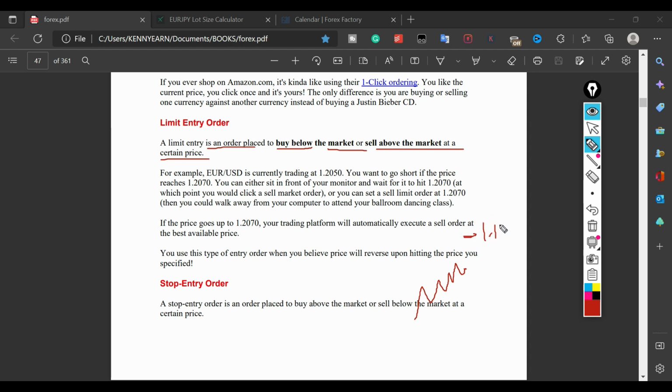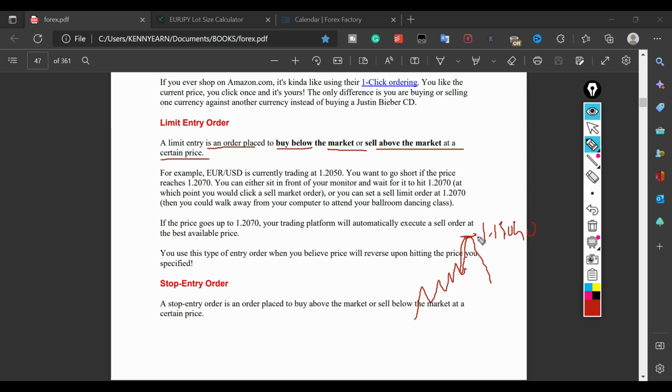Let's say the price could be 1.5050. Until the market gets to that level, my trade will not be triggered. But once the market gets there, automatically my broker is going to put my trade live into the market, and then my trade will start running. That's what we call limit order.